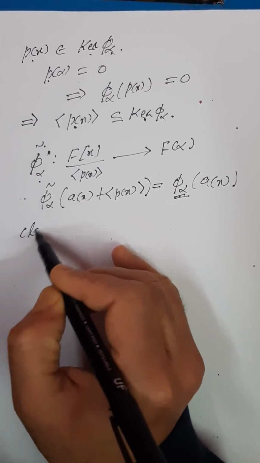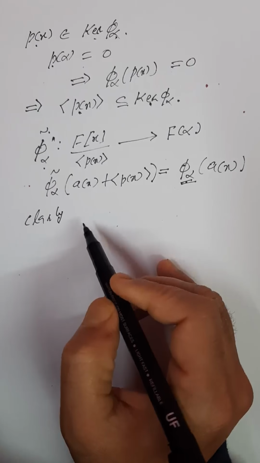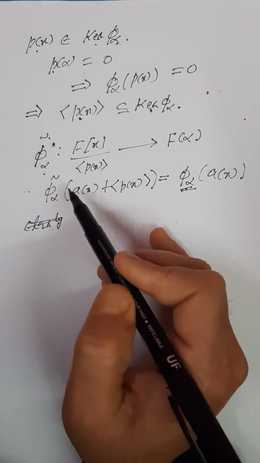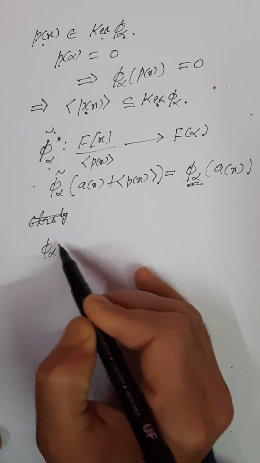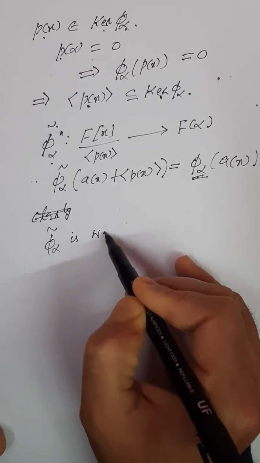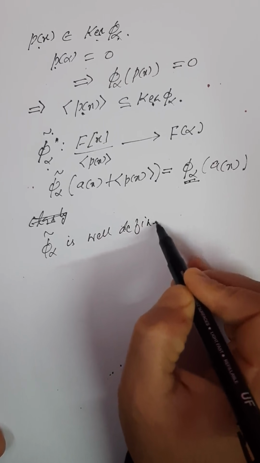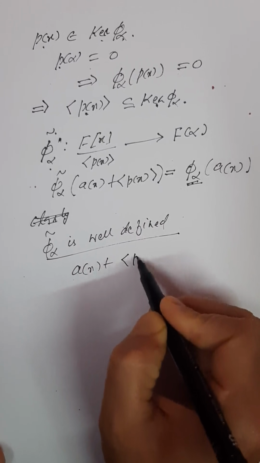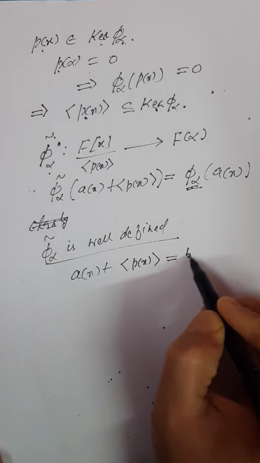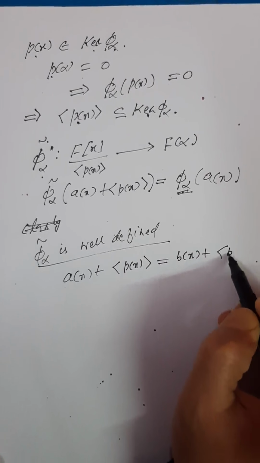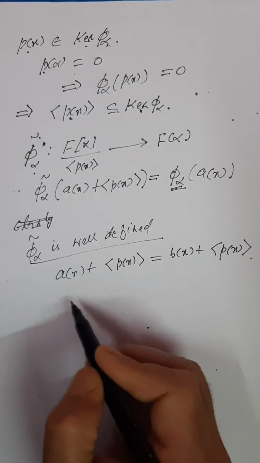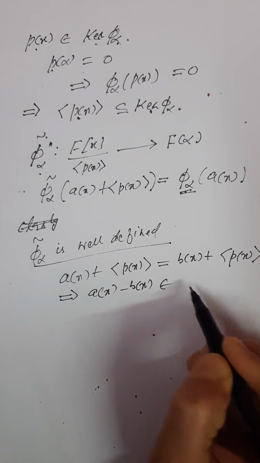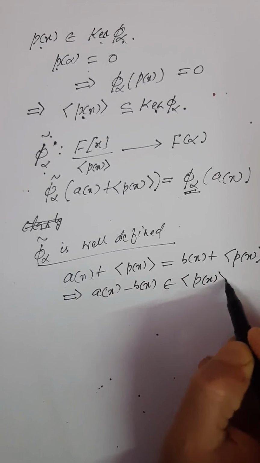So we must check that this map phi alpha tilde is well defined. Suppose a(x) plus the ideal generated by p(x) is the same as b(x) plus the ideal generated by p(x). This means a(x) minus b(x) belongs to the ideal generated by p(x).